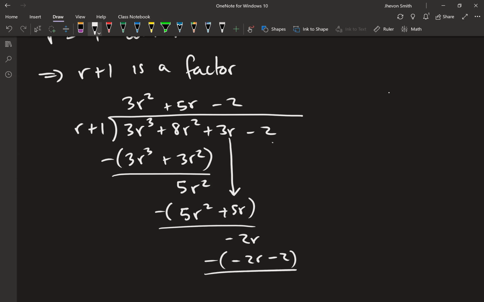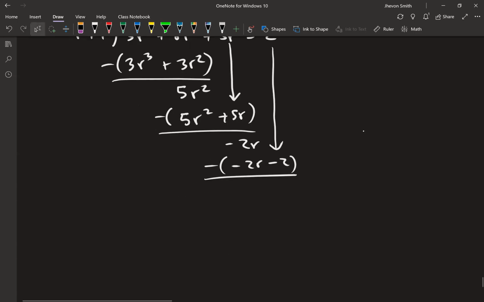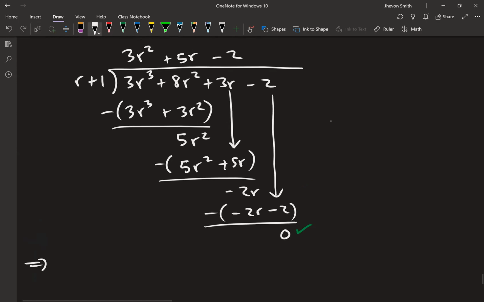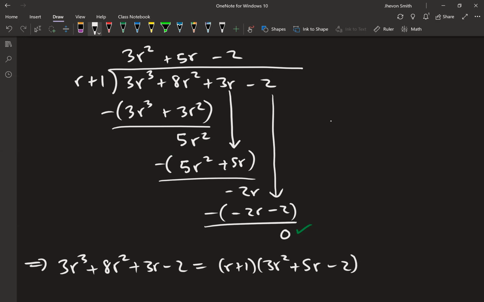Subtract this from the above line, and we end up with 0, which we should end up with. So this means that my 3r cubed plus 8r squared plus 3r minus 2 is equal to r plus 1 times 3r squared plus 5r minus 2.